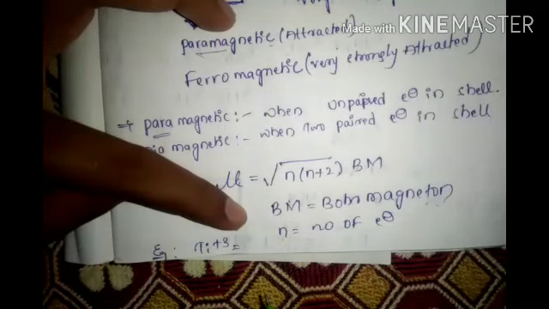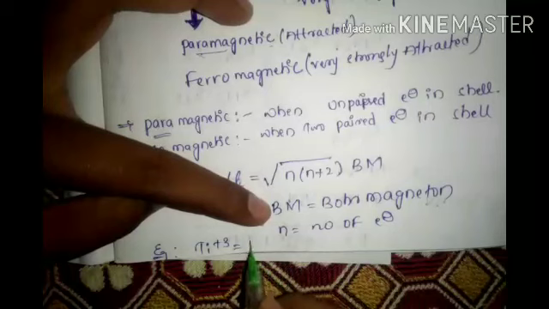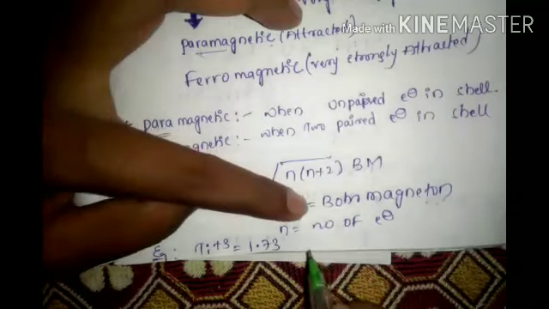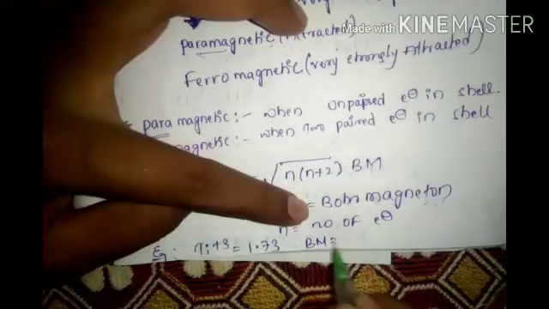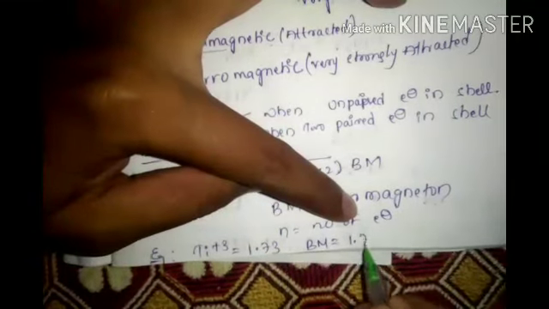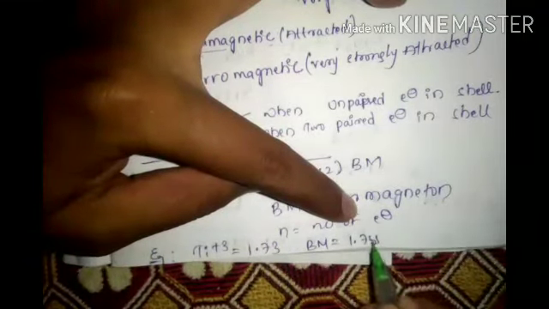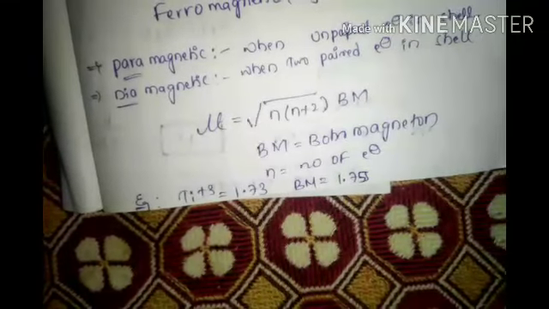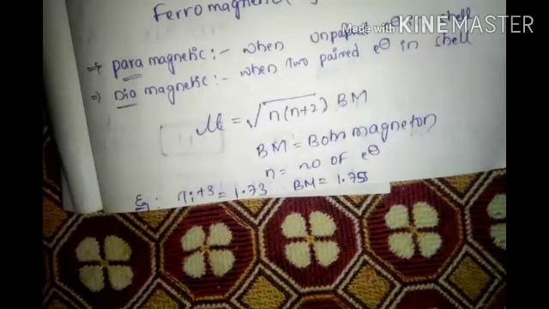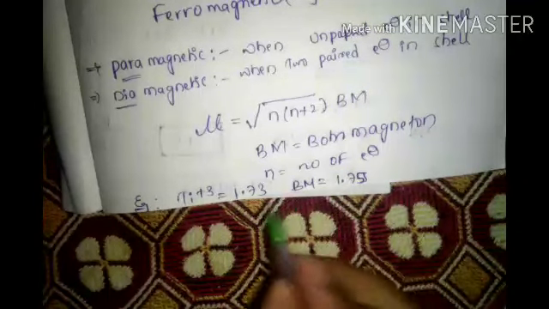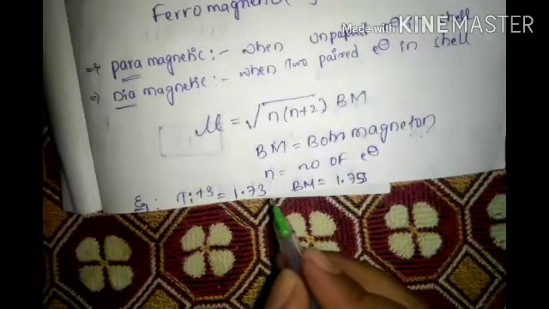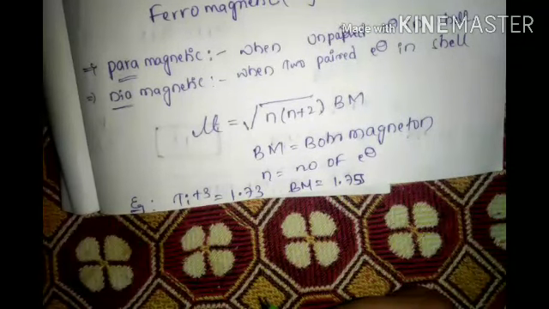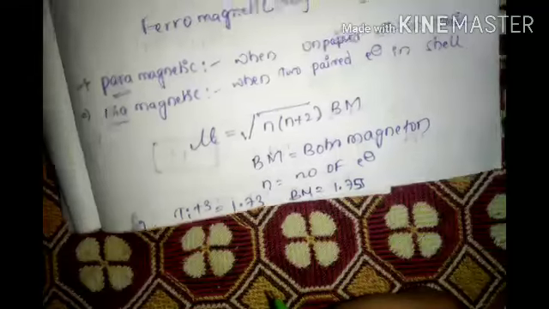The calculated value is 1.73, but the Bohr magneton value given is 1.75. Calculated 1.73, given 1.75. Okay, this is the way of finding the magnetic moment.